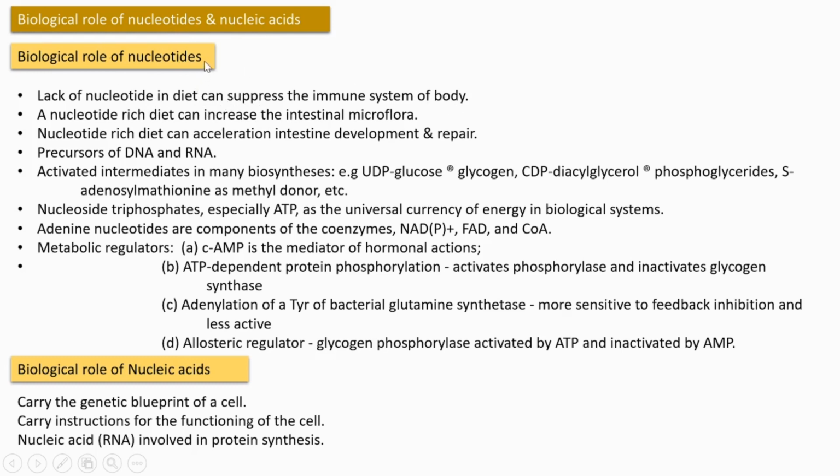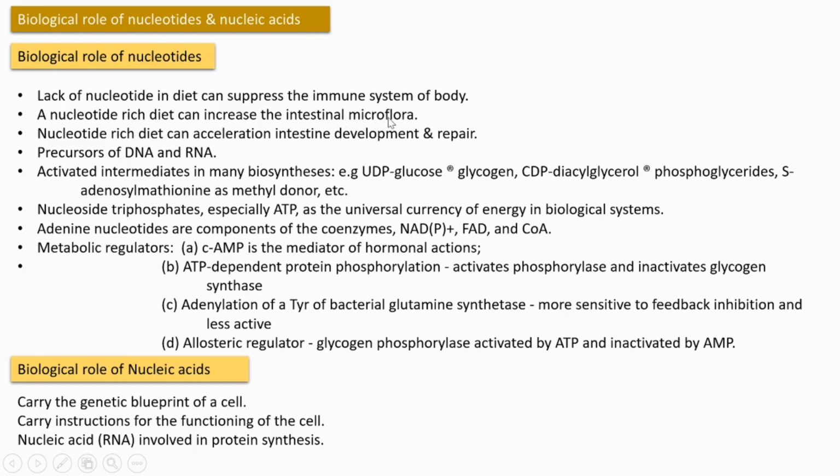What is a nucleotide? Before that, I want to know whether you remember what exactly a nucleotide is. It is made up of phosphate, sugar, and a nitrogenous base. Okay. So, a diet lacking nucleotides will suppress the immune system, and a nucleotide-rich diet can increase the intestinal microflora.